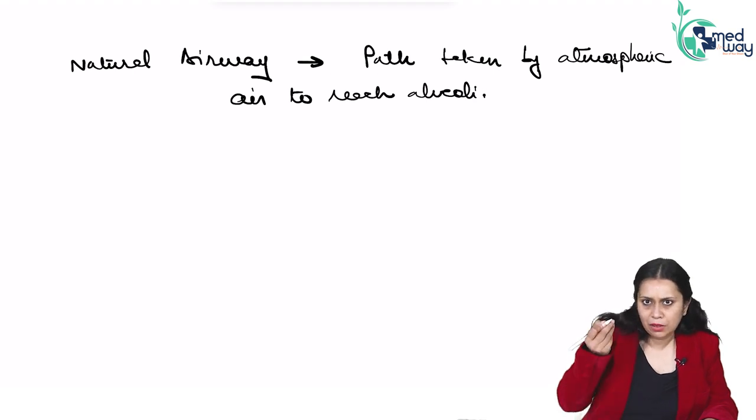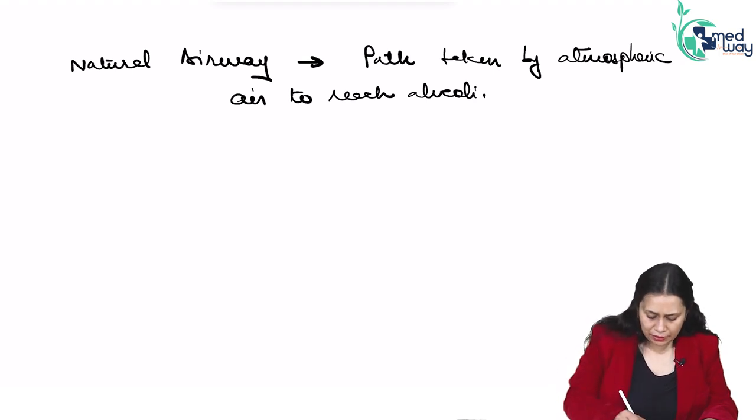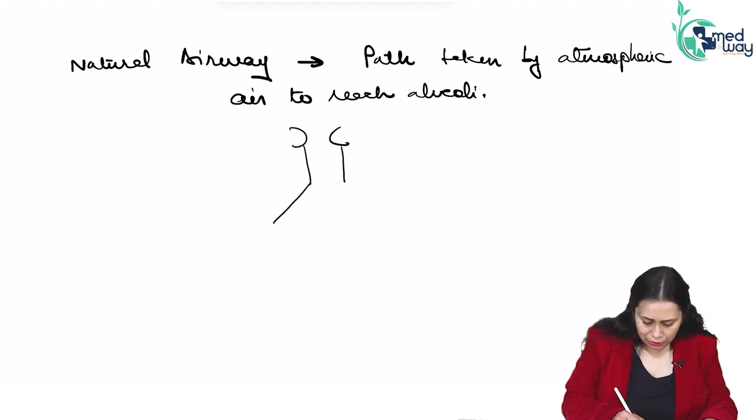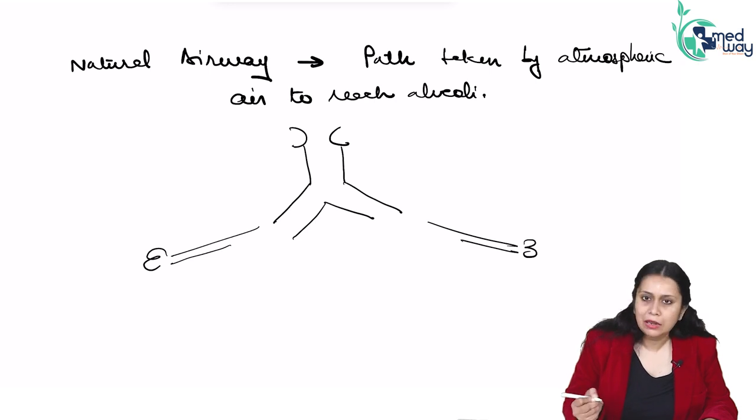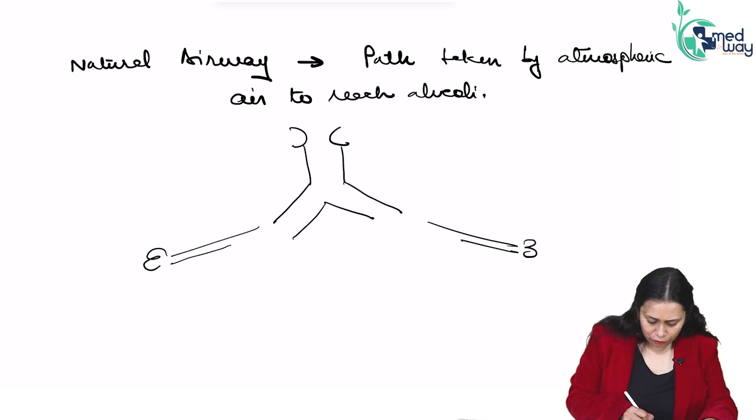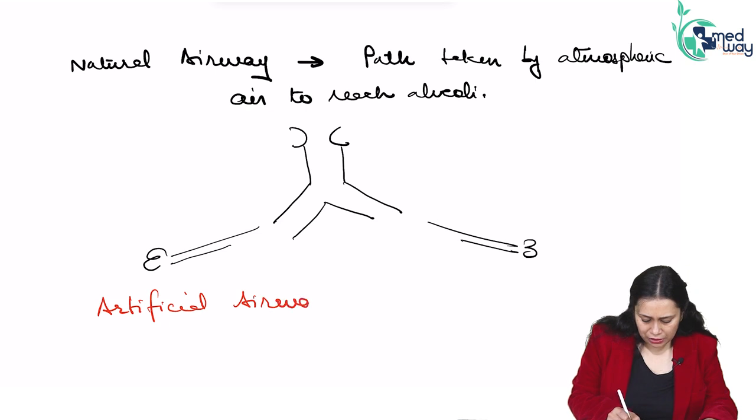So as I told you, the pharynx, then larynx, then your glottic opening after larynx, then your trachea, then your right and left bronchus, then all the bronchioles, ultimately alveoli. Okay, so if I put any device into this, that would be called artificial airway. And in this topic, we'll talk about the artificial airways.